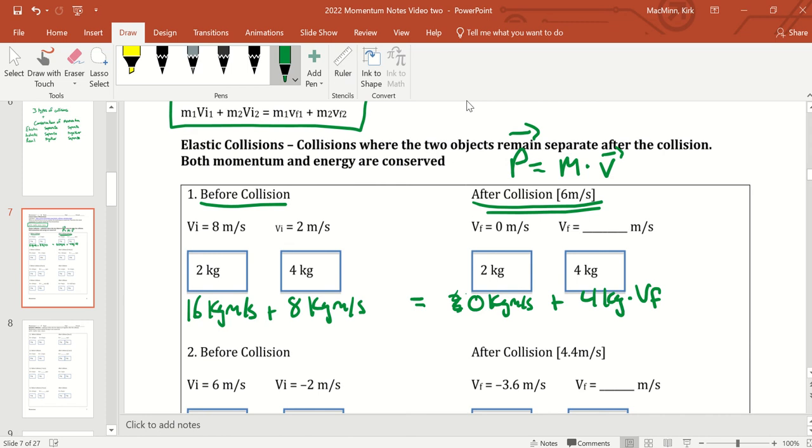So if I add up my total momentum before the collision, it looks like I'm going to get 24 kilogram meters per second. 0 plus 4 kilograms VF is going to be 4 kilograms VF. And you can see that if we divide both sides by 4 kilograms, we are going to get VF is equal to 6 meters per second.